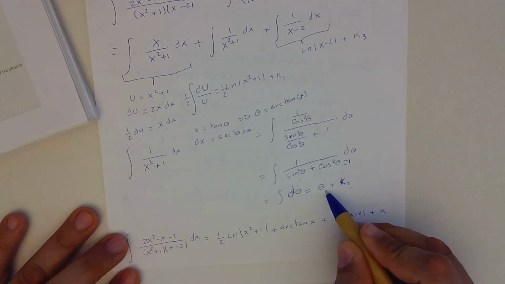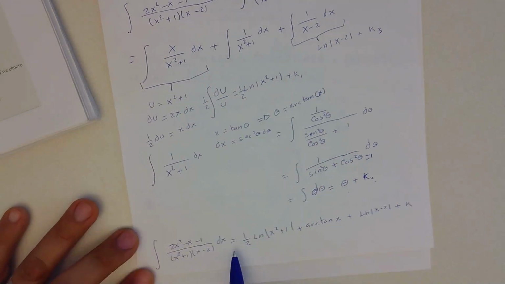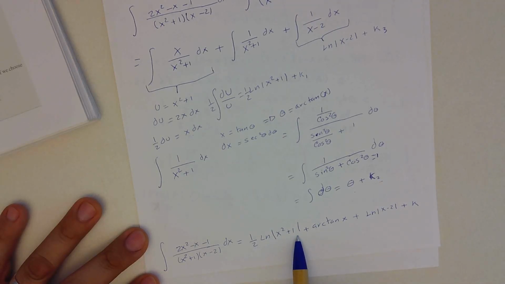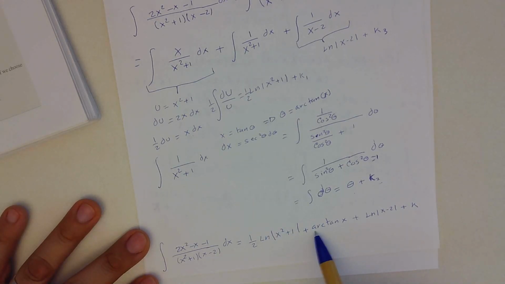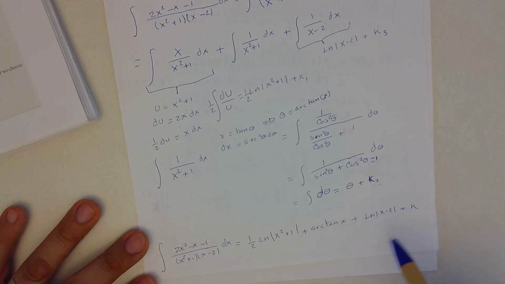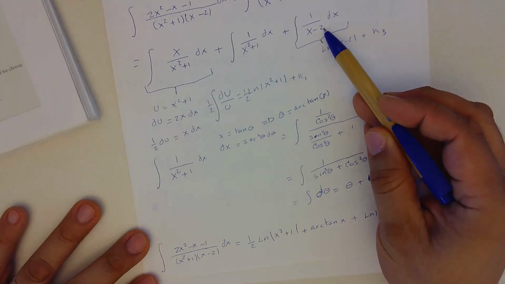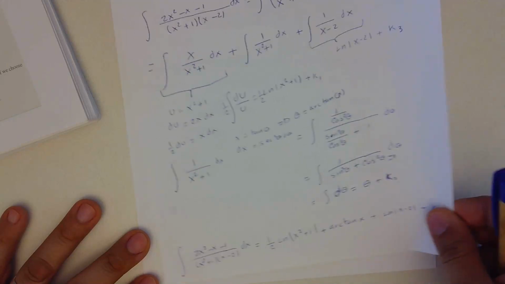And we say that theta is the arctangent of x, so that is why the final solution will be the logarithm of the denominator of the first equation plus the arctangent of x plus the natural logarithm of the denominator here, right? Plus another constant k.